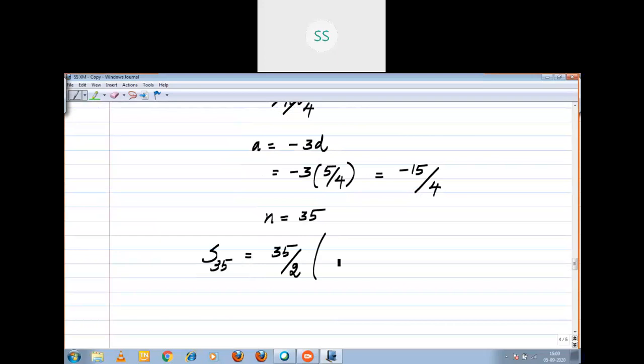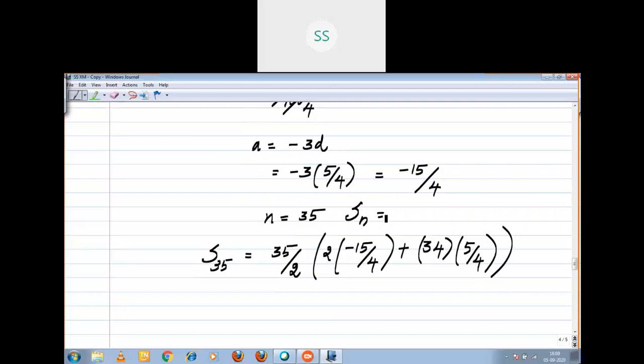What is your A we found here? 2 into minus 15 by 4 plus 34 into 5 by 4. You have to write the formula, children. Sn equal to n by 2 into 2a plus n minus 1 into d.